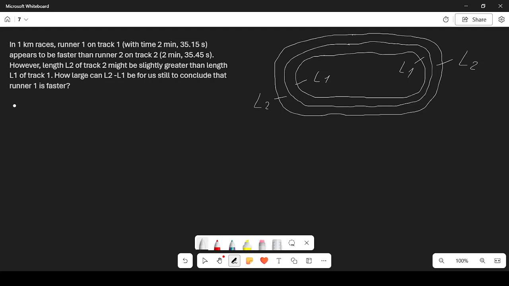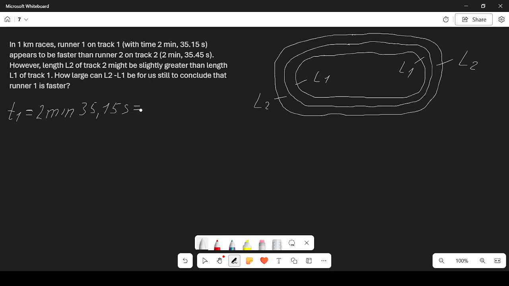Okay, let's write our data. What we have? We have the time with which runner number 1 ran this distance. It's 2 minutes and 35.15 seconds.